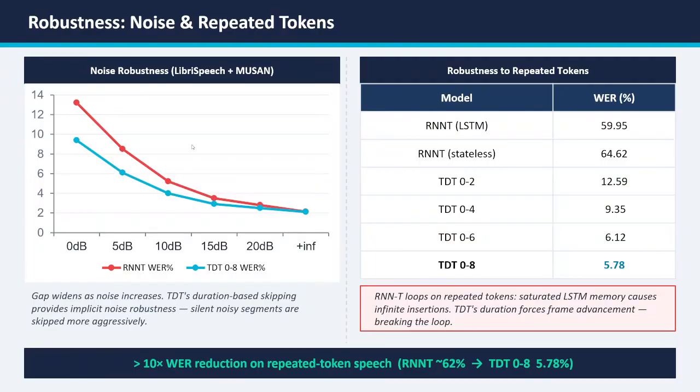Standard RNN-Ts often get stuck in infinite loops, like outputting 777 endlessly, which saturates the LSTM memory and prevents time from advancing. TDT's duration mechanism forcibly advances the time index, completely bypassing this trap and dropping the word error rate from over 60% down to 5.78%.